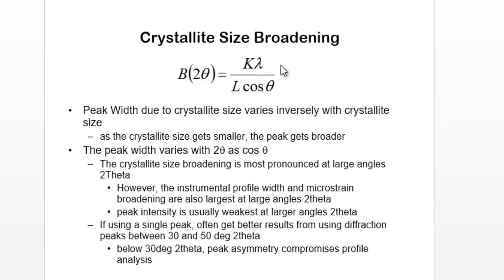Then lambda is the wavelength of your X-ray, and theta is the angular position of the peak. Beta, the full width at half maxima, or the FWHM, should be in radians. Many people make the mistake, even I did at least one time, of taking beta in degrees. So you have to take that in radians.